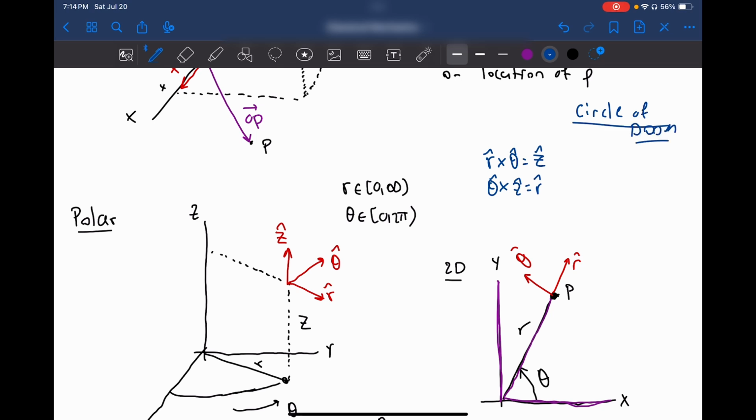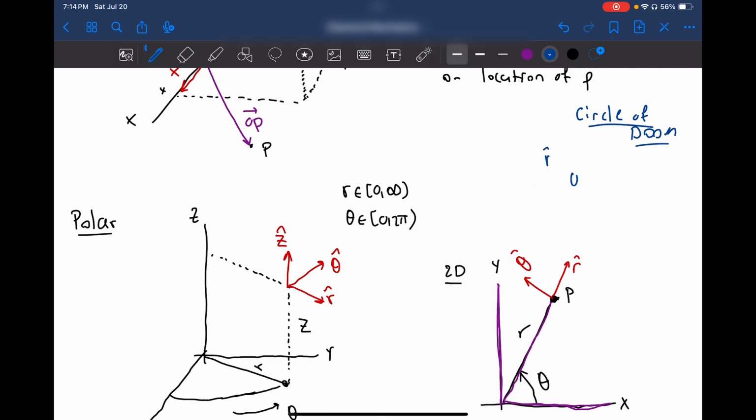That's how I learned it in calculus. And that is, you take your basis vectors and you draw them in a little circle. So we have r hat, theta hat, z hat. And if you go clockwise around this circle, so theta hat cross z hat, it's going to give you positive the next one. So this is r hat.